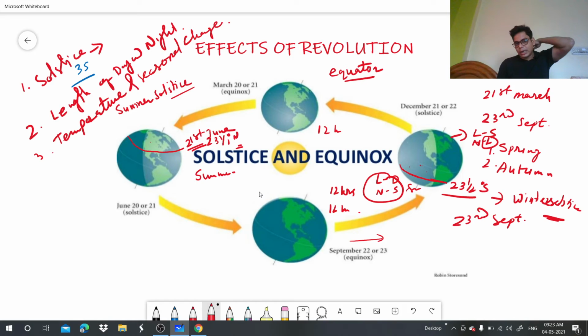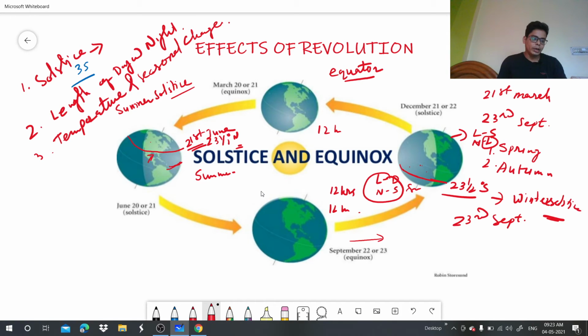The equator gets direct sunlight all over the year, so the temperature is high there. If you move toward the southern hemisphere, the temperature will decrease. The position of the earth relative to the sun can vary the temperature in different parts of the world.